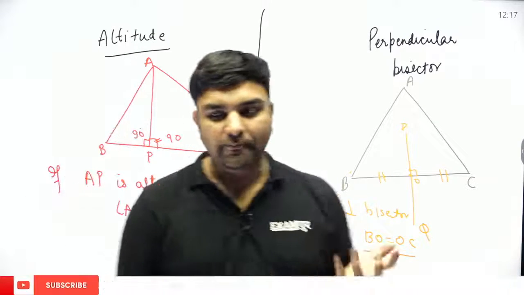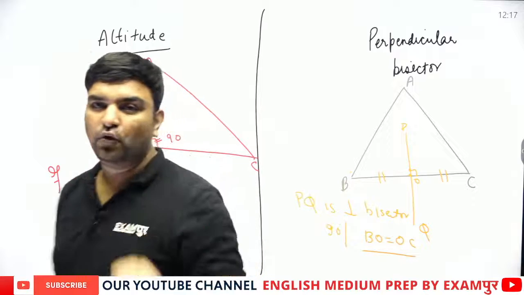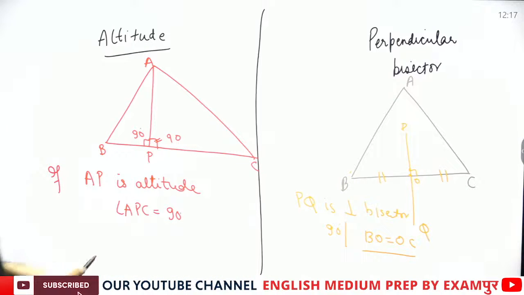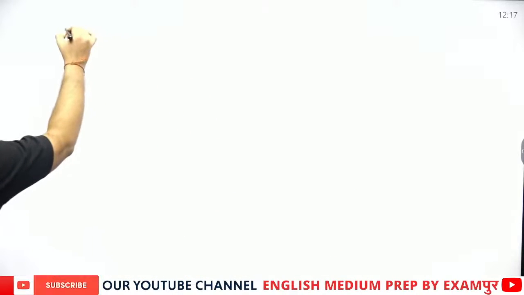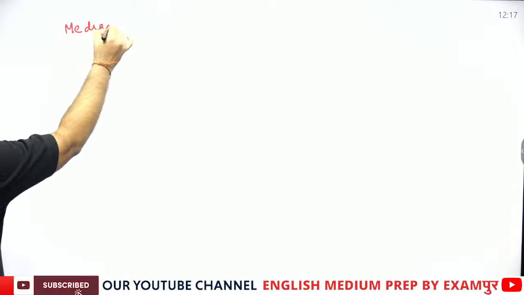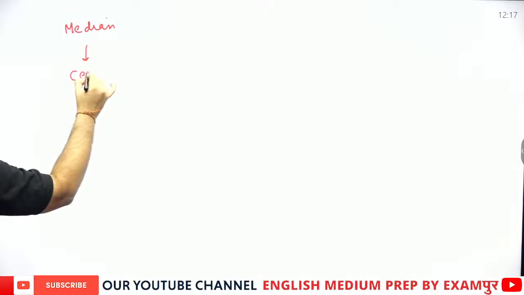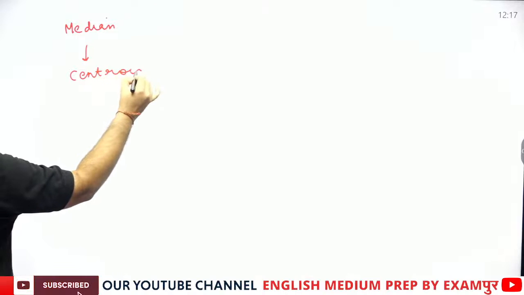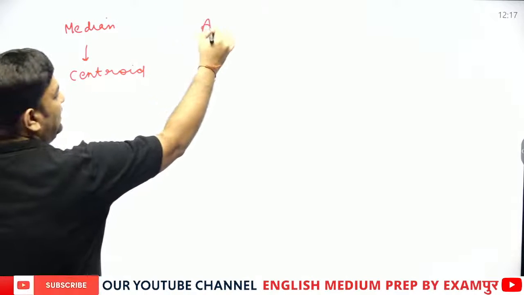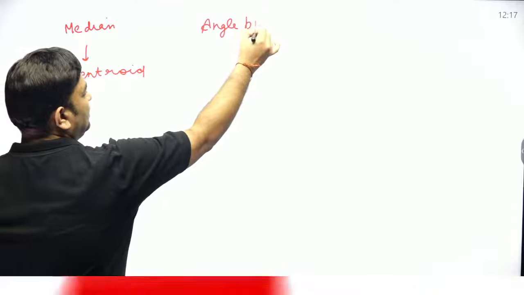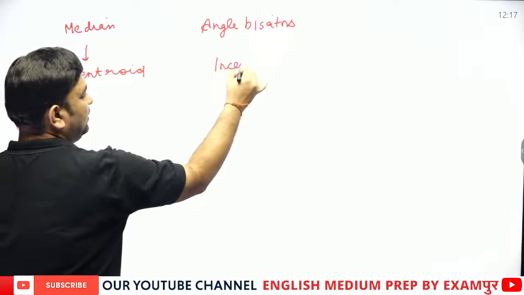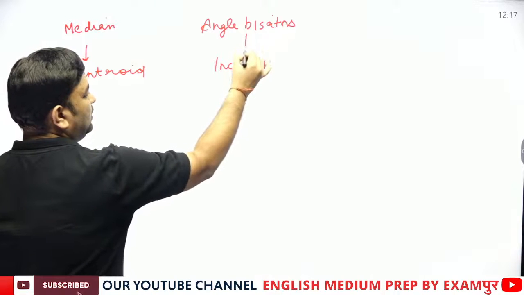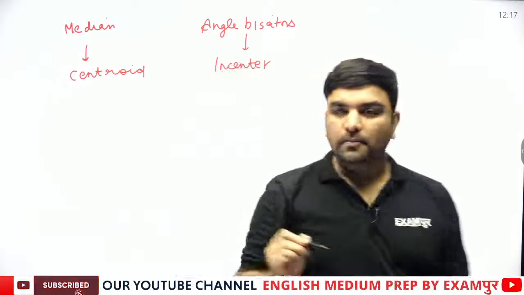Now, corresponding to them, there are four centers. Corresponding to median, there is centroid. Corresponding to angle bisectors, there is incenter.